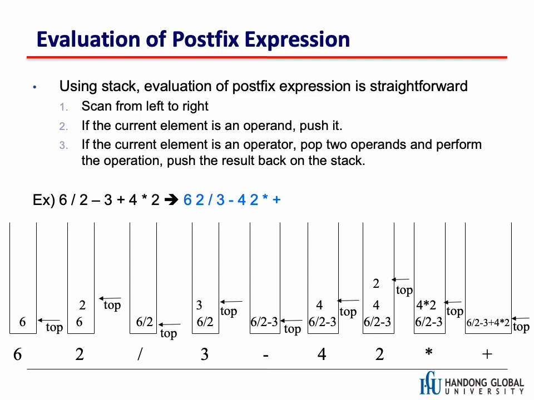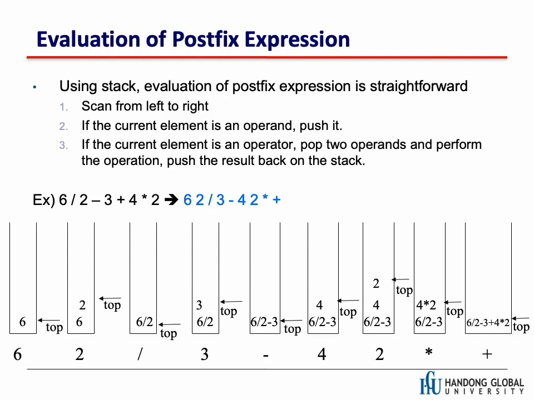And next one is the operator. So we pop two operands. So 2 and 4 are popped. So we evaluate 4 times 2. So we push the result back. So now we have 8 and 0. And then next one is plus, which is operator. So we pop two operands from the stack.